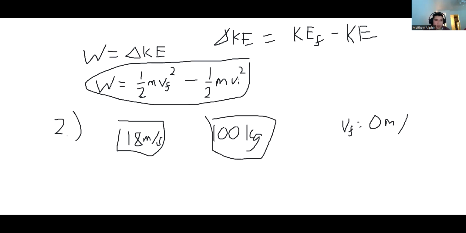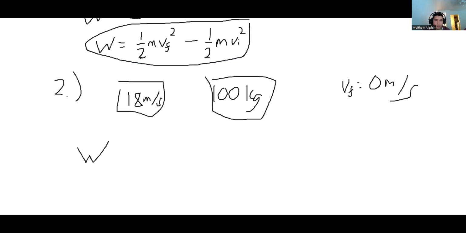So if I plug that into my equation here, I get work equals my final velocity, which is 0.